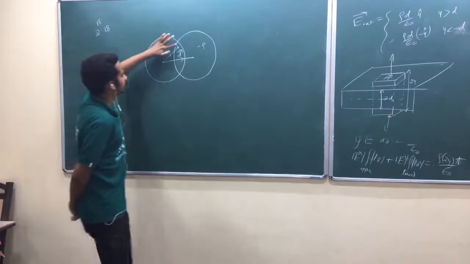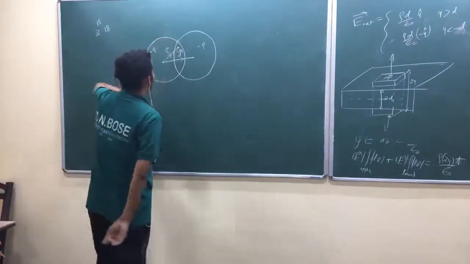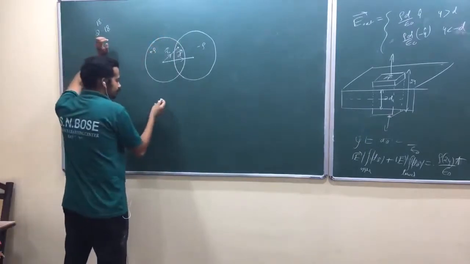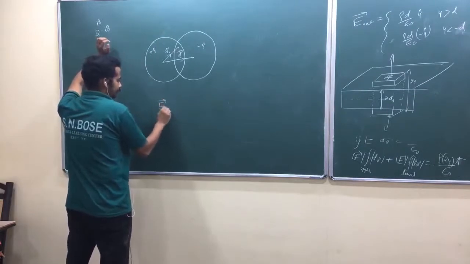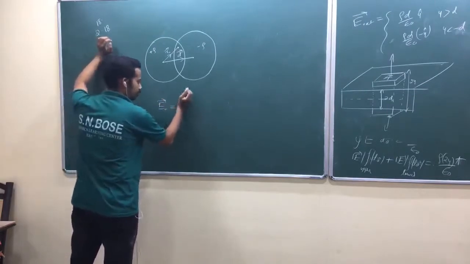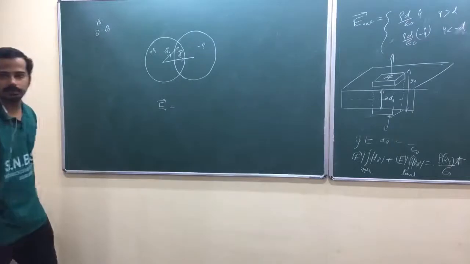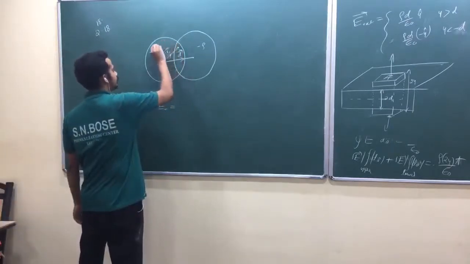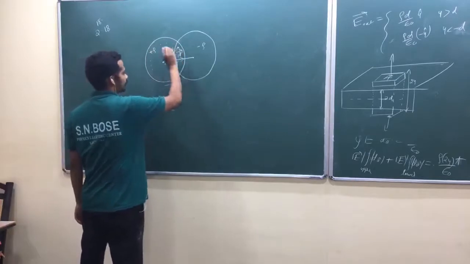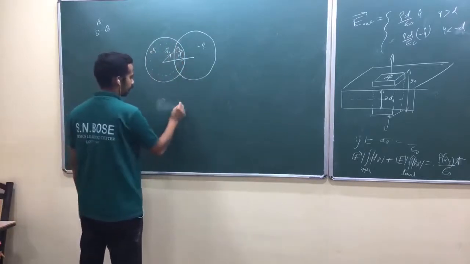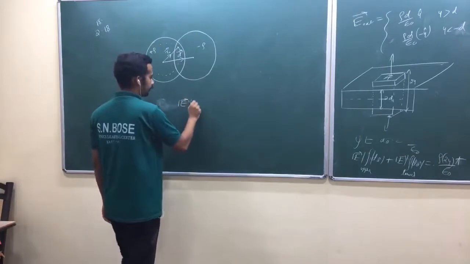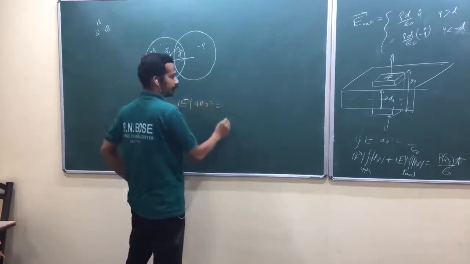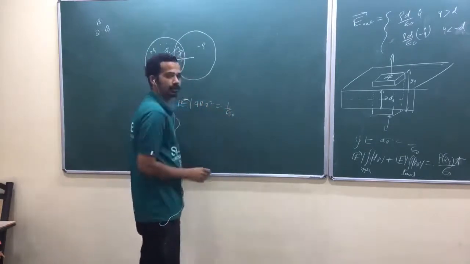Now, what is the electric field at this point due to only this positive sphere? Speak out. Now, in terms of rho, you have to take a Gaussian surface. So then mod E into 4 pi r squared equals 1 by epsilon naught into Q enclosed.